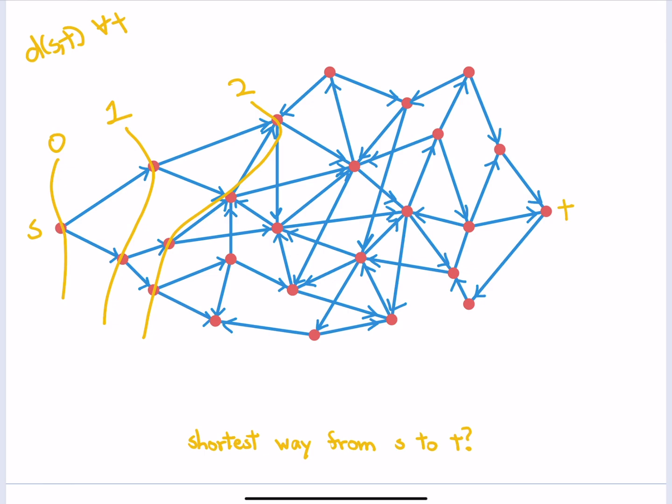And then their neighbors. So let me get this right. I think this top one is not a neighbor. That's okay. Okay, so this is everyone at 3. Then I'll just keep finding the neighbors of the previous layer, building out these layers.